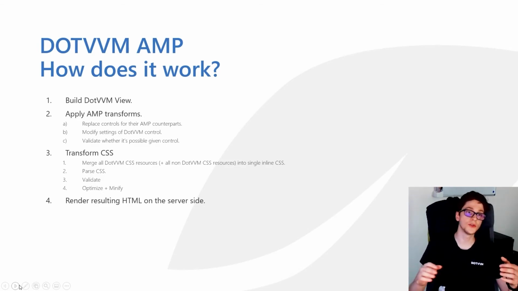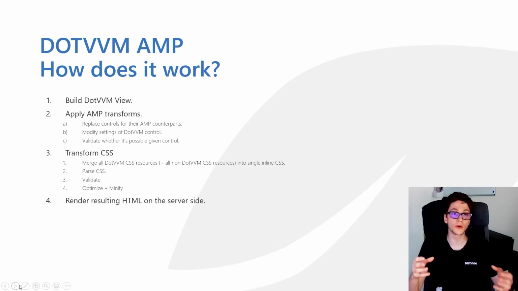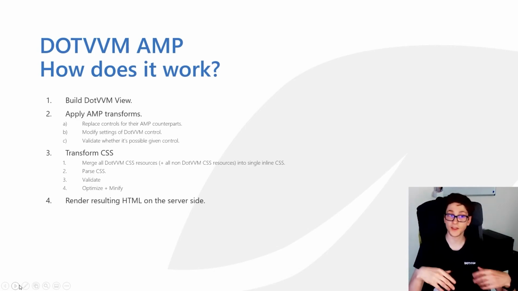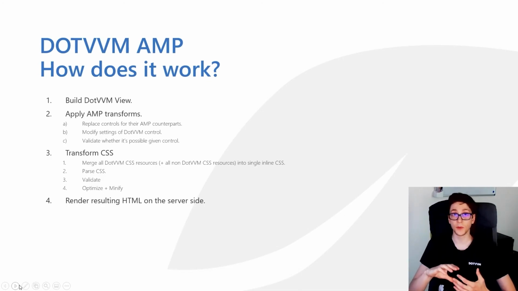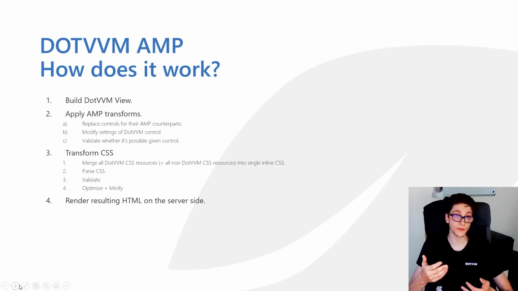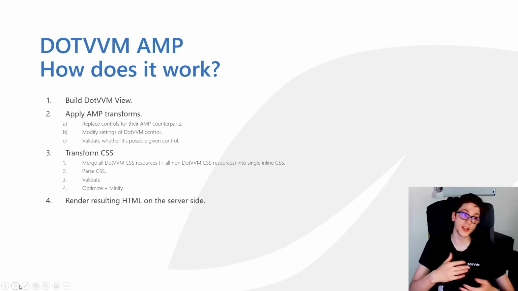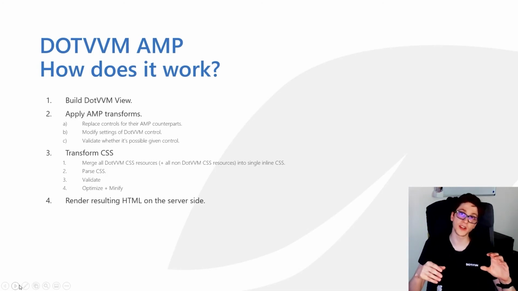Then we are doing some transformation of CSS. First, we take all required CSS files and resources on your page, we merge them together, and we parse them in order to remove any forgotten important text if .vm AMP is configured to do so. We are doing some validation, and because we still need to fit in that 75 kilobyte restriction, we are doing some additional optimization and minification.